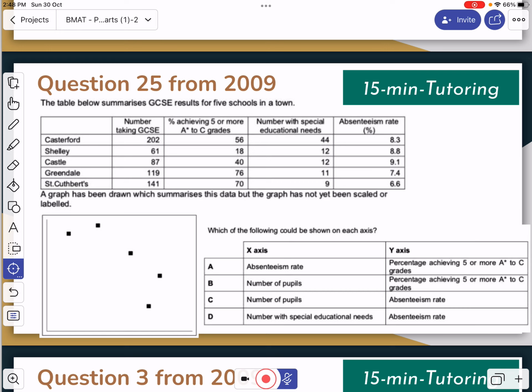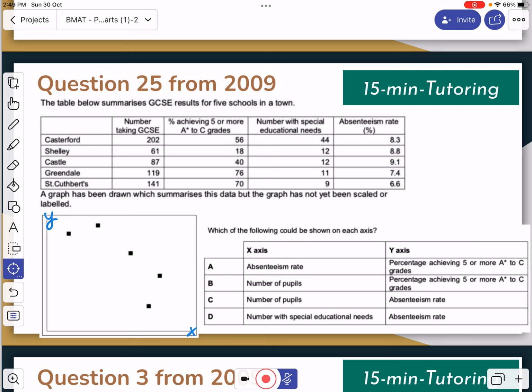Now, the question says a graph has been drawn which summarizes this data, but the graph has not yet been scaled or labeled. Okay, if you look at the graph, there's no label. We have the x-axis and y-axis. However, we don't know what x and y are. We do not know whether or not x is the number of students or something else from the table.